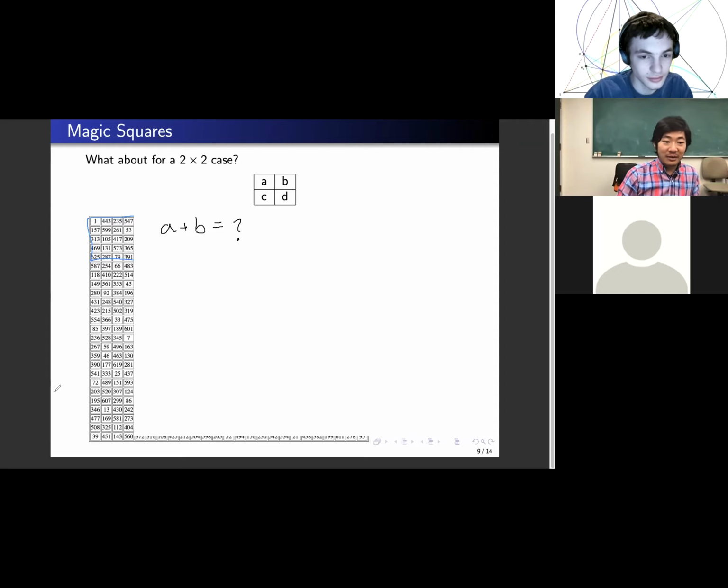Using the same logic as before, it would be 1 plus 2 plus 3 plus 4 divided by 2. So 5.